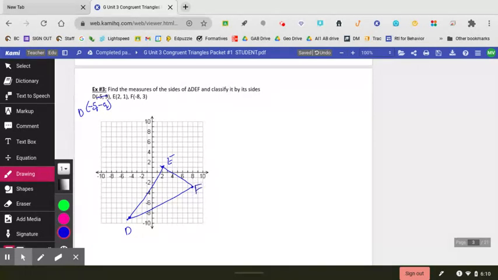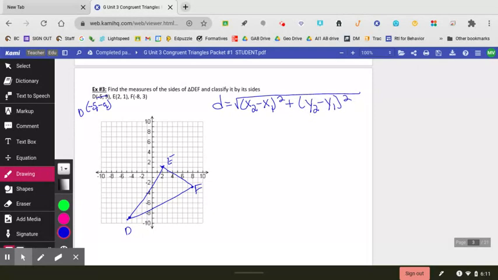So now to find the measure of the sides. How do I find the measure of a line on a grid when it's not vertical or horizontal? So how I find the measure of a line is I use the distance formula, which is D equals the square root of the quantity x2 minus x1 squared, it's kind of ugly, plus y2 minus y1 squared.